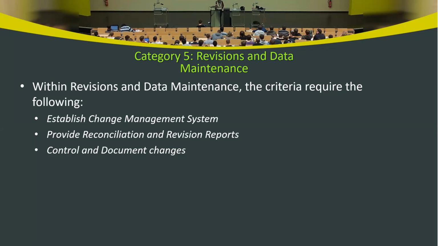Third and last one is control and document changes. This requires maintaining a detailed record of all changes made to the project, including the reasons for changes, approvals, and the impact on the project scope, schedule, and budget.